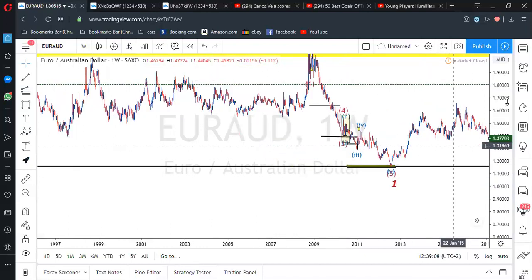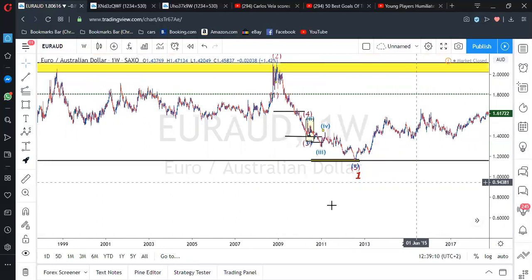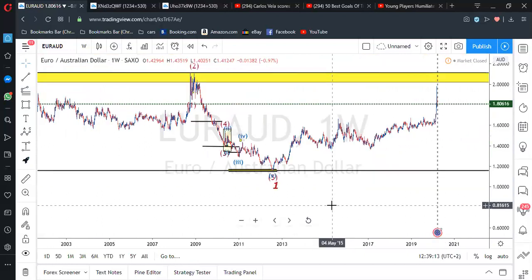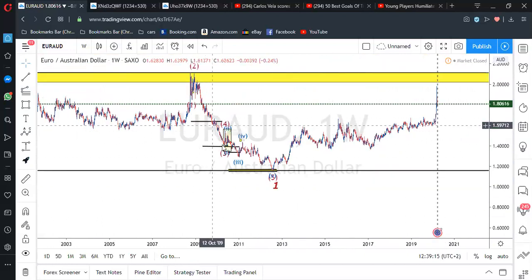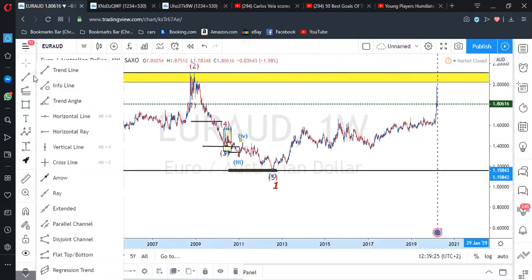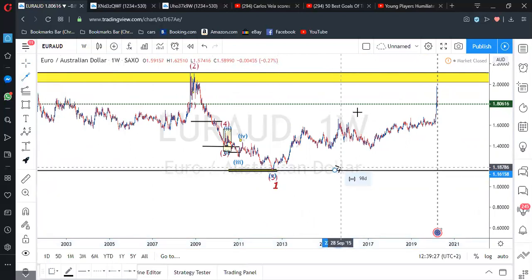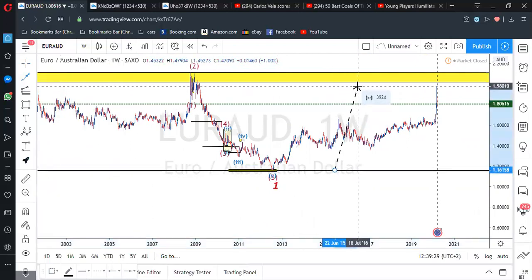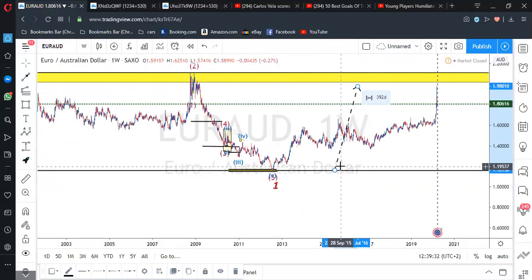So what we know is that if we have a 1, we need to have a 2. We'd measure this whole point to check the retracement. This is basically a whole retracement of wave 2, from here to where price ended. Price ended around there. That's just a basic correction of wave 2.